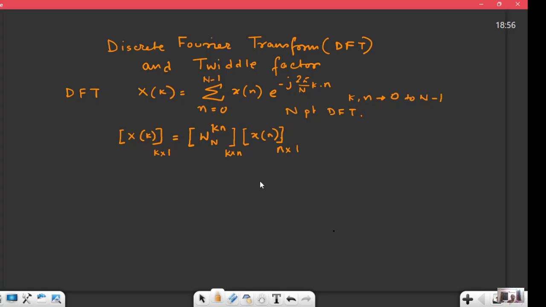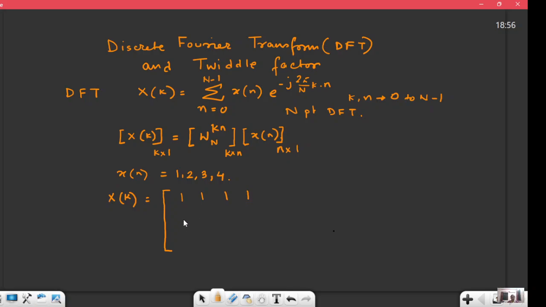Now this Twiddle factor matrix, let us find out the DFT of some sequence x of n. So x of n, let us take 1, 2, 3, 4 and find out the DFT by the above equation. So we can write x of k is equal to the Twiddle factor matrix. The Twiddle factor matrix derivation is shown in a different video.